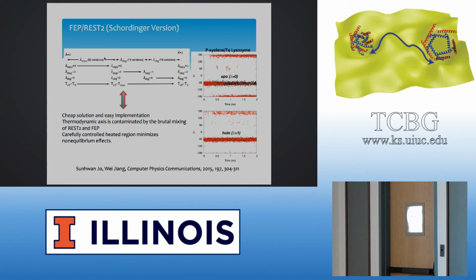So that means each FEP window is a mixture of FEP window and REST2 replicas. They mix together. However, after the FEP simulation is done, they don't do any reweighting process. Basically, any biased FEP window needs reweighting, but they haven't done reweighting.